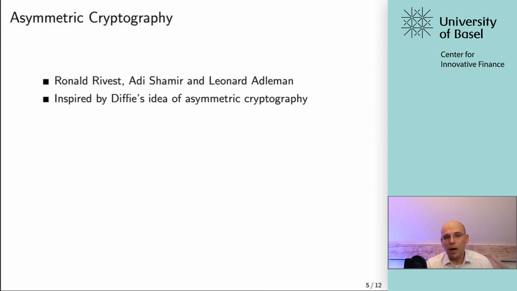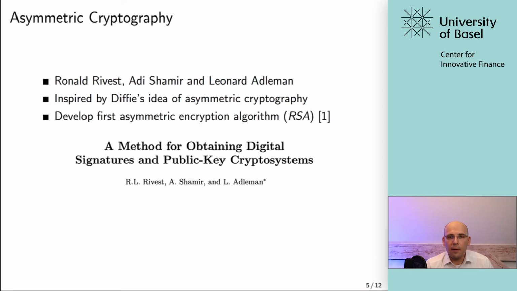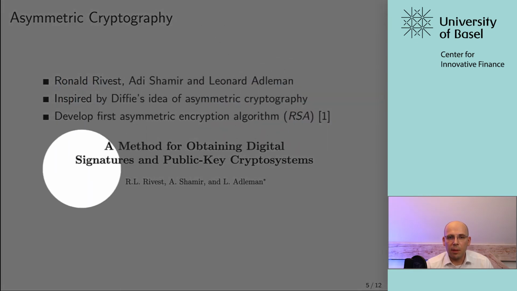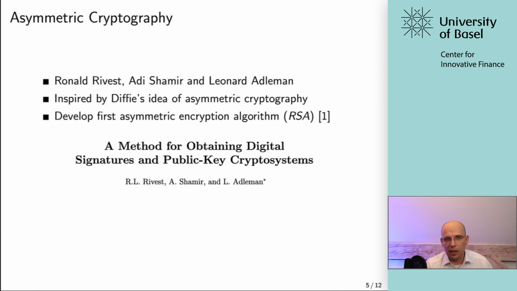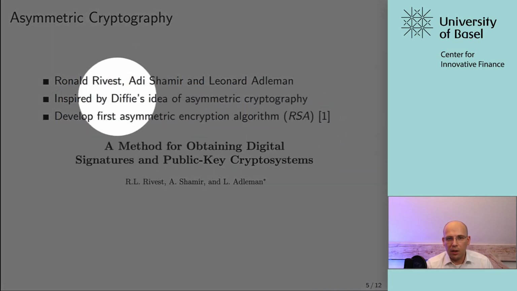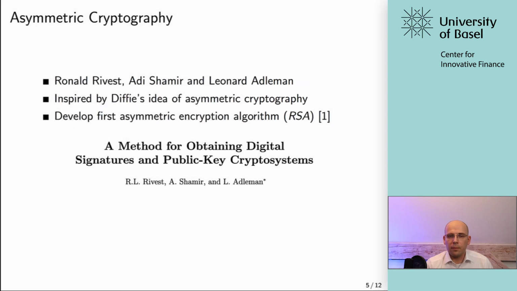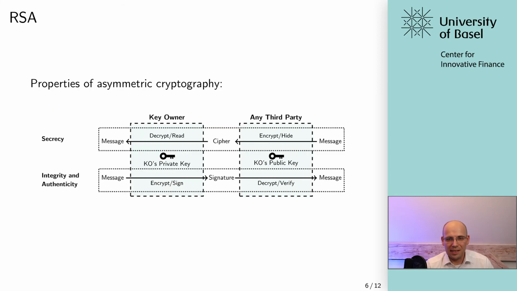It was inspired by the idea of Diffie. They published a paper, Method for Obtaining Digital Signatures and Public Key Cryptosystems, and came up with the algorithm that is today known as RSA. So Rivest, Shamir, and Adleman, RSA. And that's what we're going to look at right now in a more mathy sense.